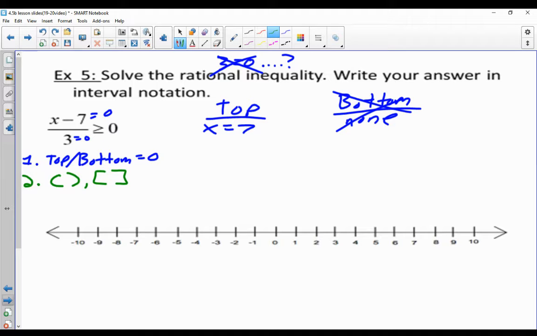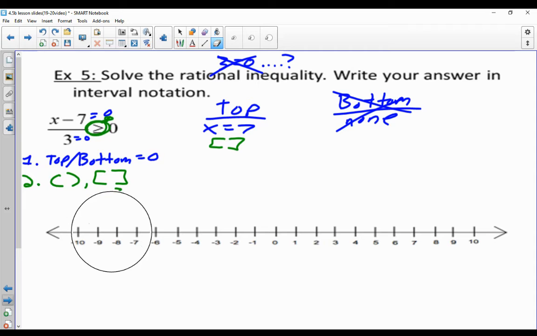And for the top, got to look at the inequality, and it is greater than or equal to. Equal to means closed. So that takes care of part 2, really easy. Now we can move on to graphing the information we have and picking test values.